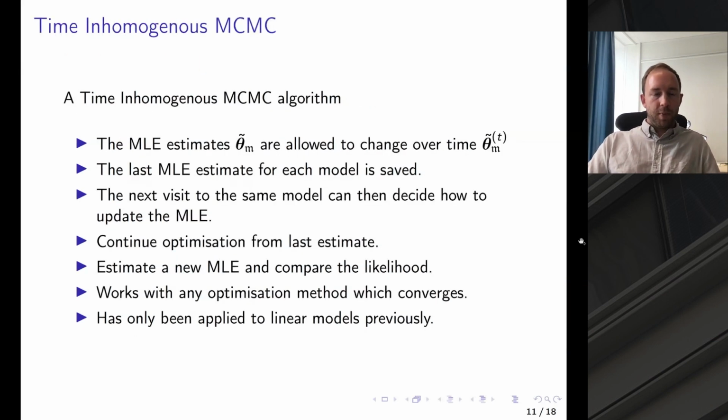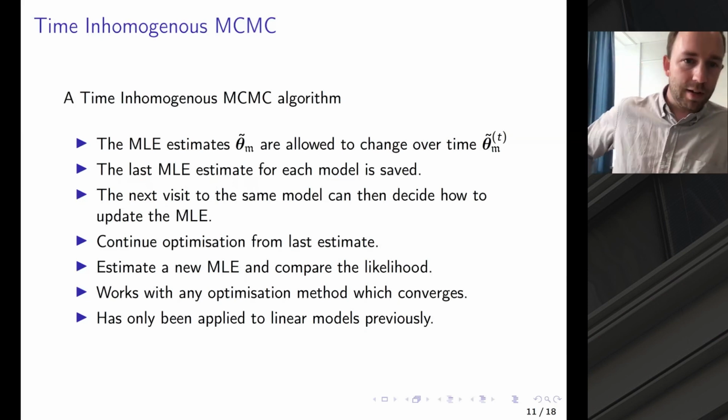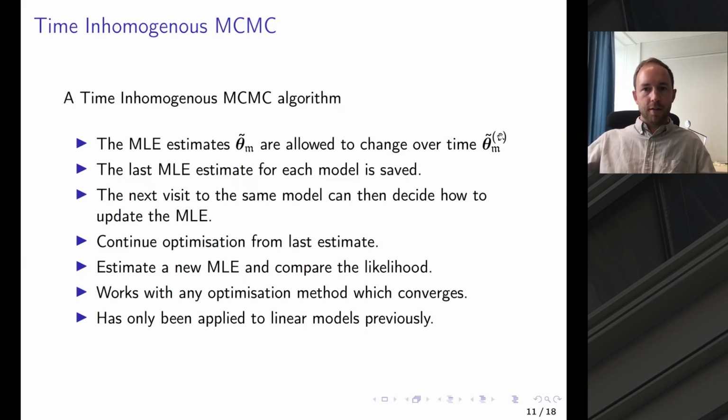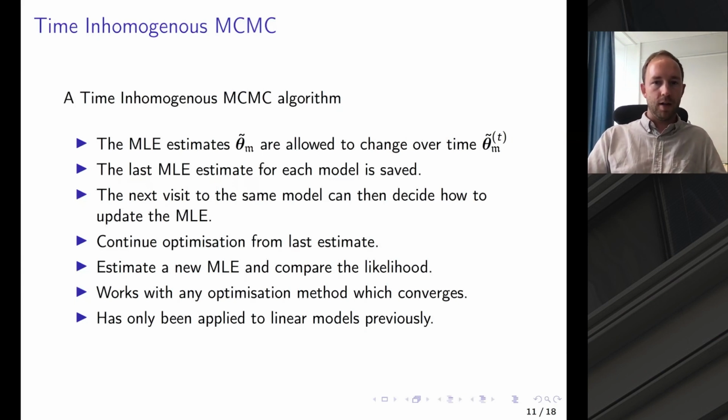In a previous paper, we introduced this time inhomogeneous MCMC algorithm. What it does is allow the MLE estimates, theta tilde m for model M, to change over time. So we add a T superscript denoting that this is the estimate we had at a specific time T. The last MLE estimate for each model is saved after we have visited it.